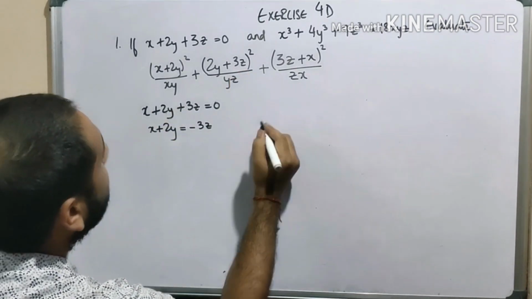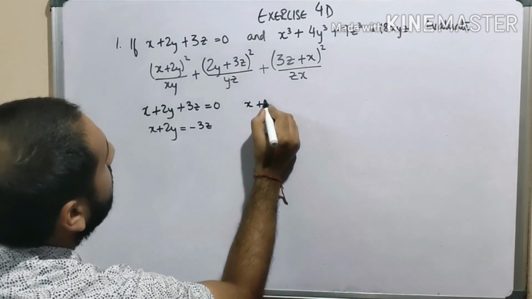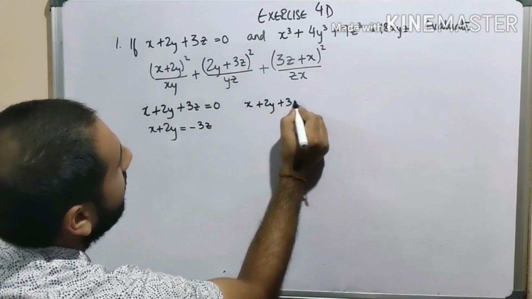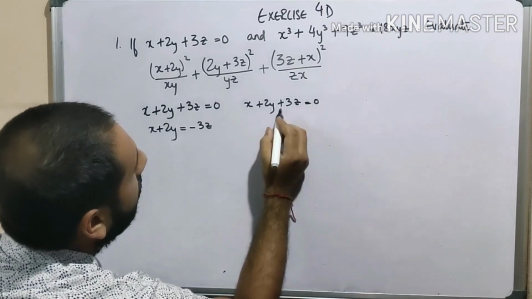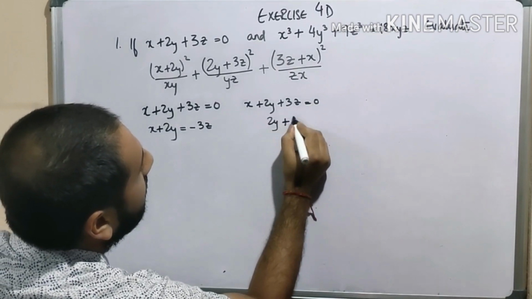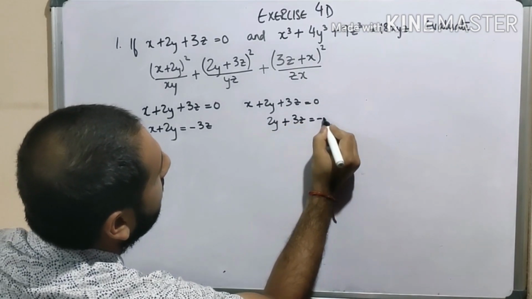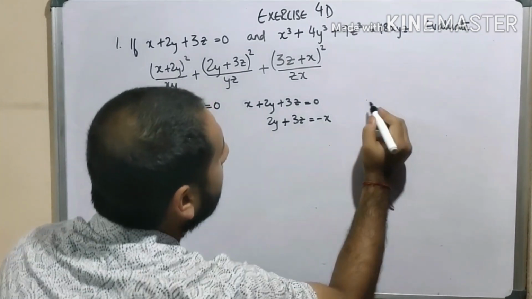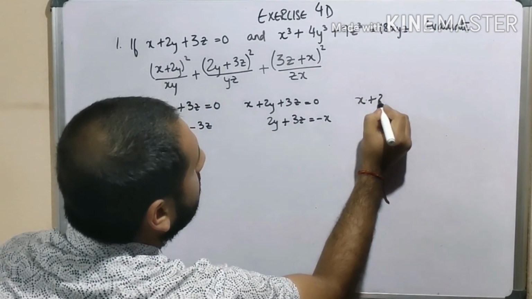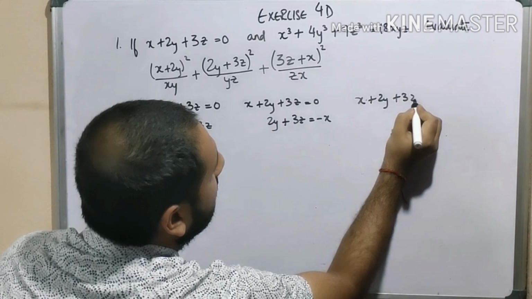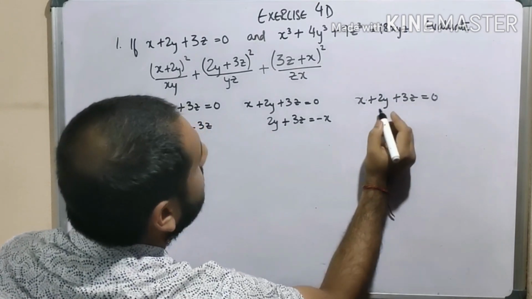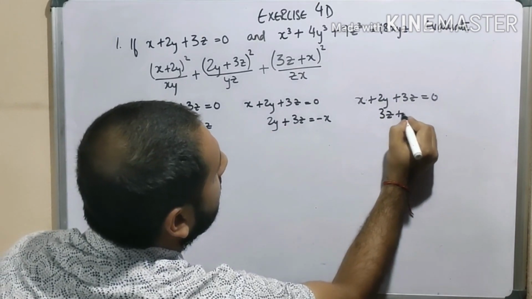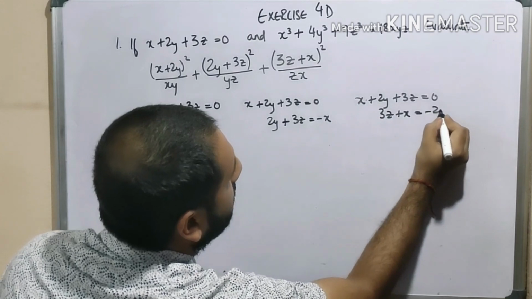Alright, similarly, 2y plus 3z is equal to minus x. Similarly, this means 3z plus x is equal to minus 2y.